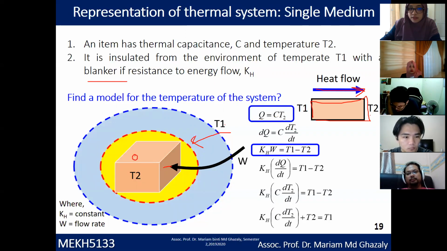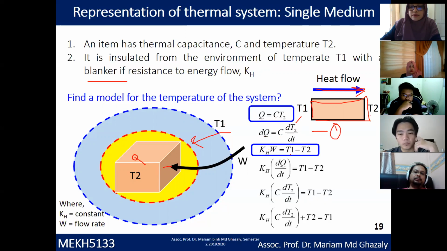So Q is equivalent to C T2. Differentiating Q, we get C dT2 over dt, the differentiation of the temperature. That is the first equation. The second equation is the heat flow equation: T1 minus T2 equals KH times W dot, the heat flow. So you get the second equation.